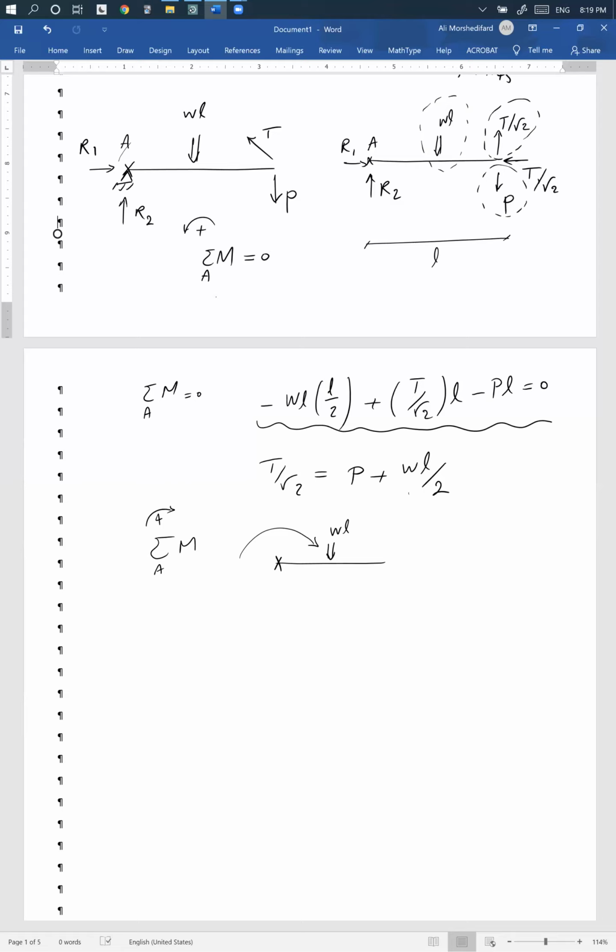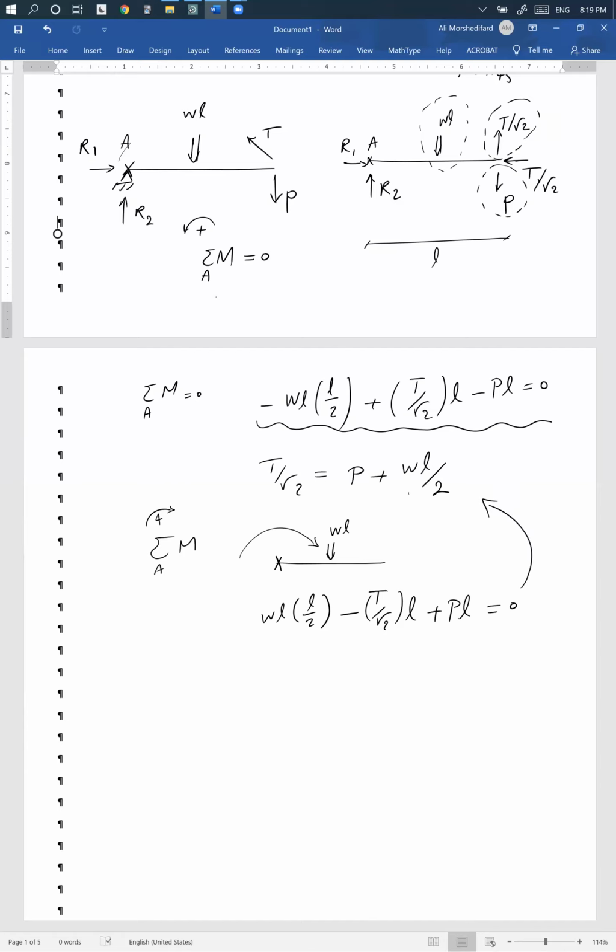So we have WL times L over 2 minus T over square root of 2 times L. If clockwise is positive, this T over square root of 2 is in the negative direction. And plus PL equals 0. You get the exact same result.